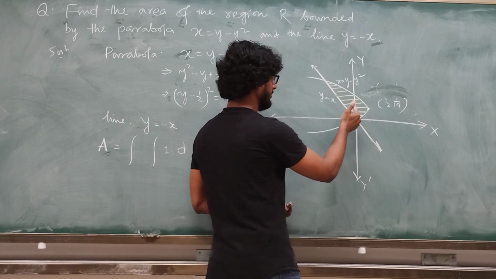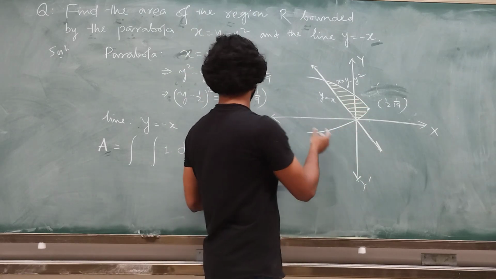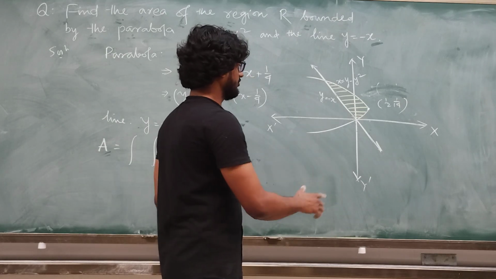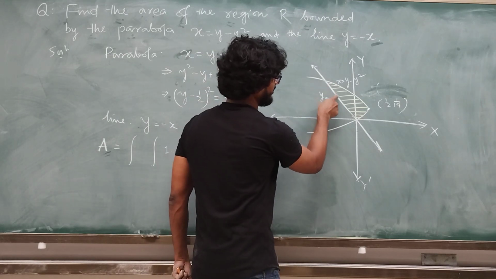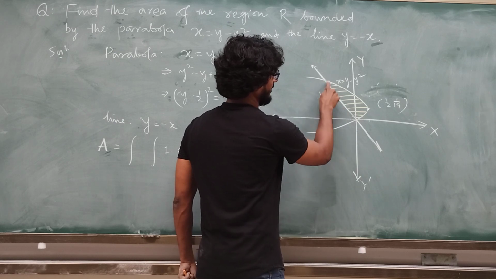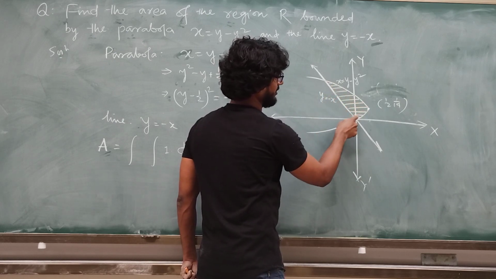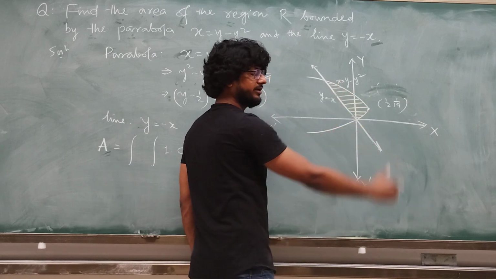So if we choose y first, then we have to write it as a sum of two different double integrations. But if we choose x first, then x is varying from this line to the right side, the upper limit being on this curve. So one integration is enough.